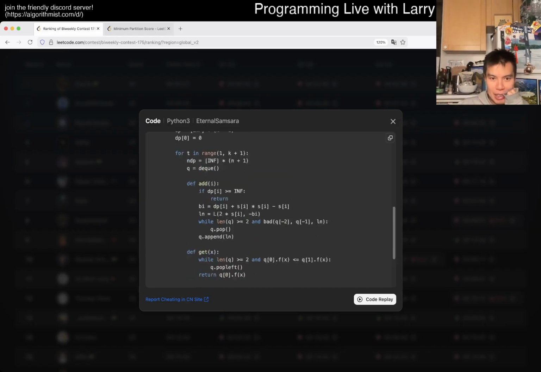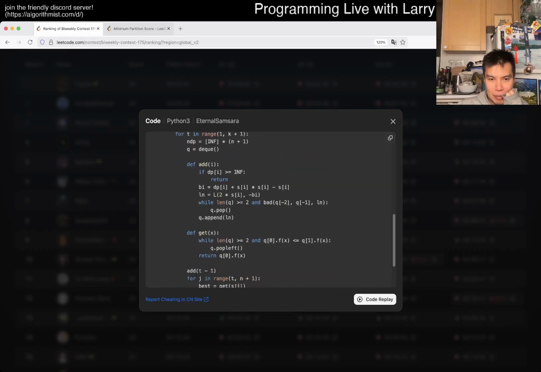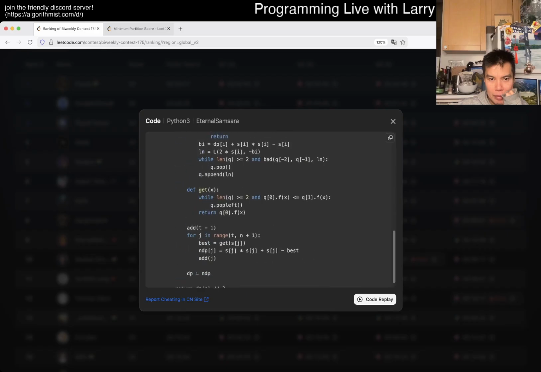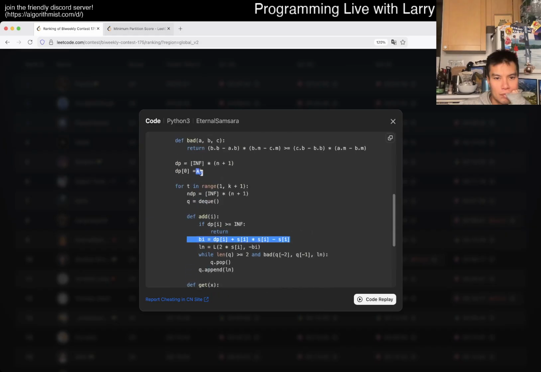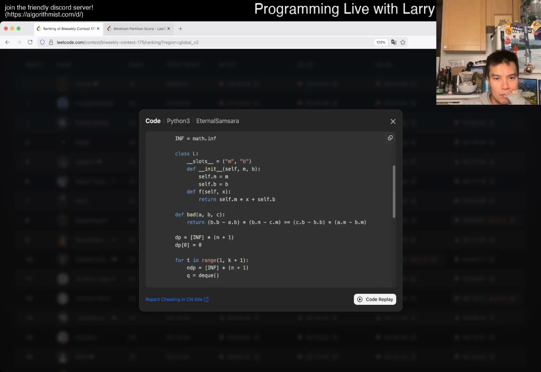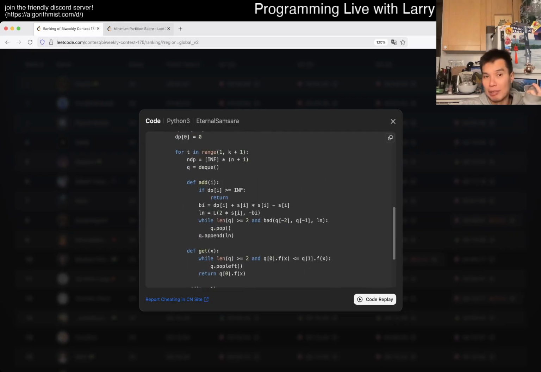What is S of I? Prefix sum. Yeah, maybe. I mean, it's been a long time. Obviously I have to review Convex Hull if I care about it. That is my first thought, though.